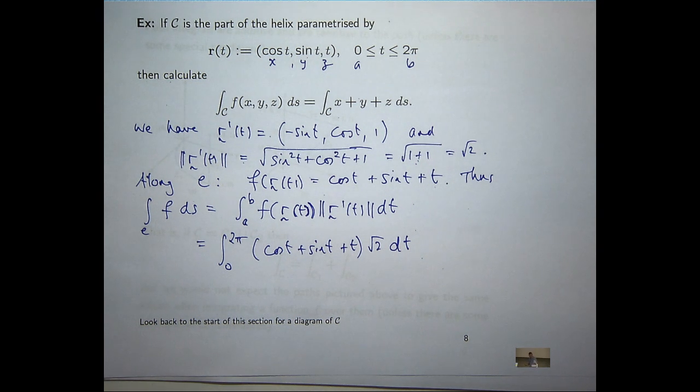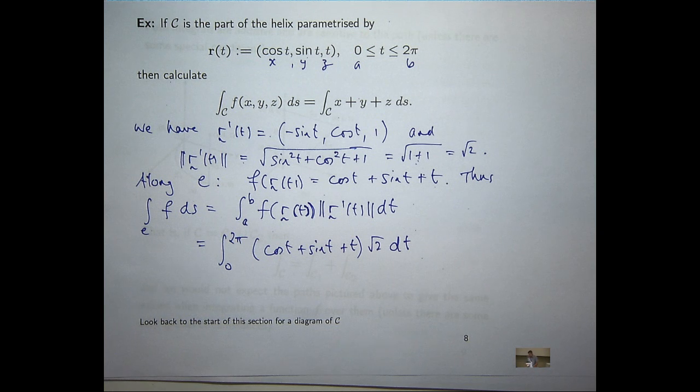In fact, you can do these things using inspection, right? So what's the integral of cosine over 0 to 2 pi? 0. Sine, 0. So you only have to do one integration, right? The areas cancel each other out. So if you look carefully, sometimes you can save a lot of time.